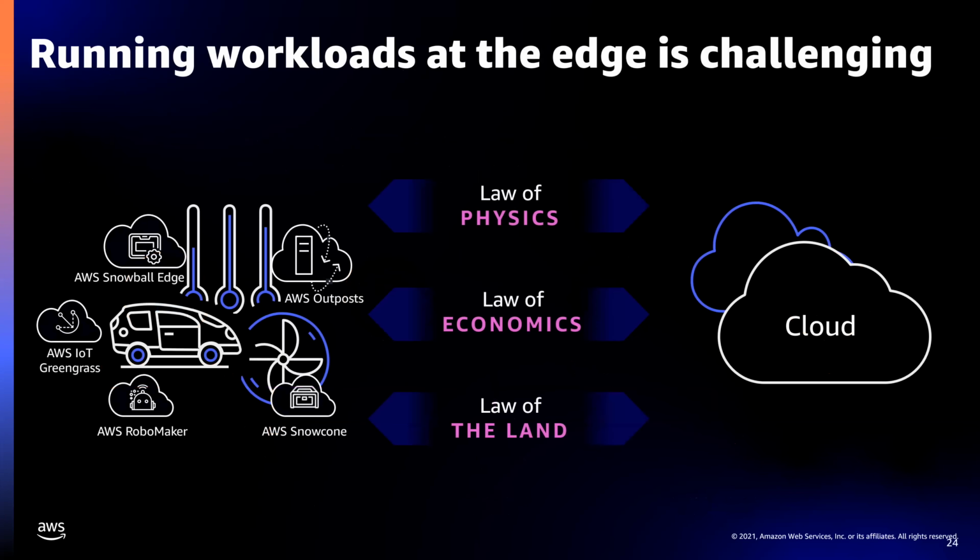All right, so we know that running workloads at the edge is challenging, and there are three things that often push us towards having this mobile computing at the edge. The first is the law of physics. I cannot upload data to the cloud because I need low latency, or I don't have reliable connectivity. The second is the law of economics.